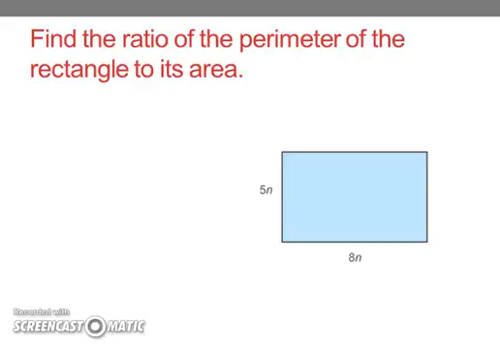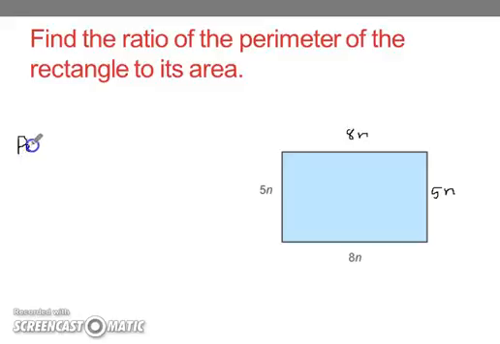And one last example: find the ratio of the perimeter of this rectangle to its area. Remember, perimeter is found by adding all the distances around this shape. We've got a 5n here and an 8n here.